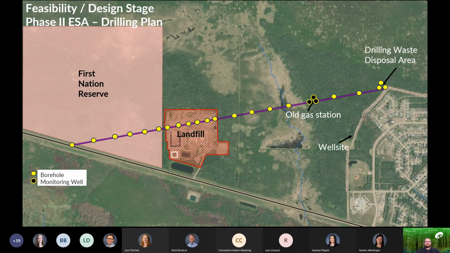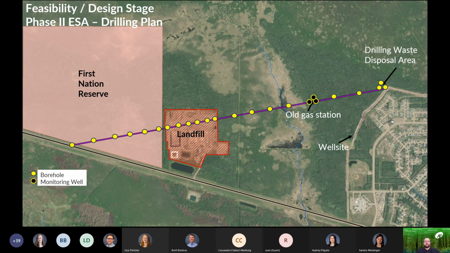So back to our case study. During the feasibility stage and after the contaminated sites overview is complete, a Phase 2 ESA is conducted focusing on the identified apex to characterize soil and groundwater conditions, as well as confirm the presence of potential contaminants.